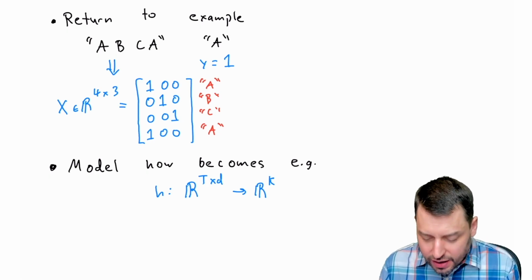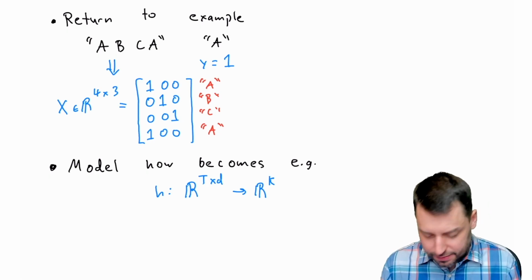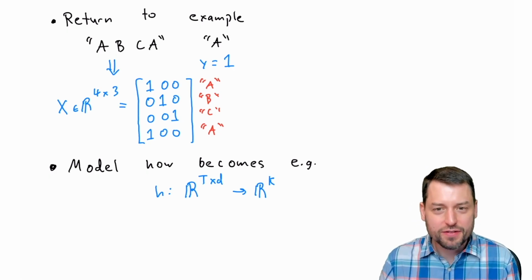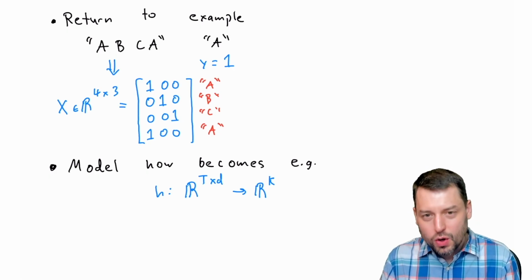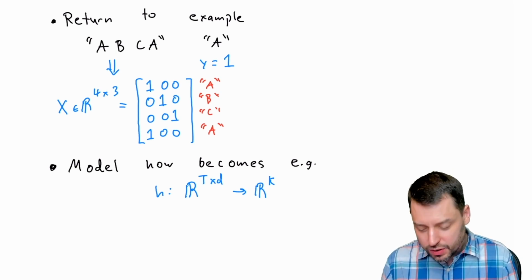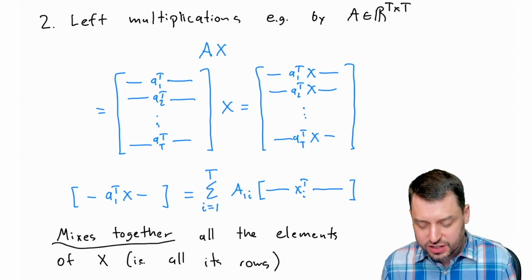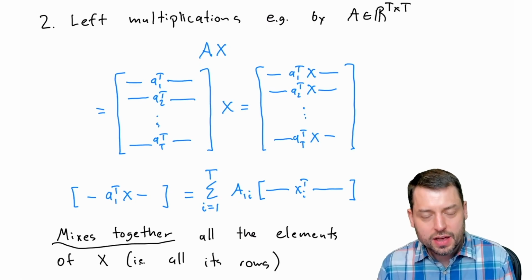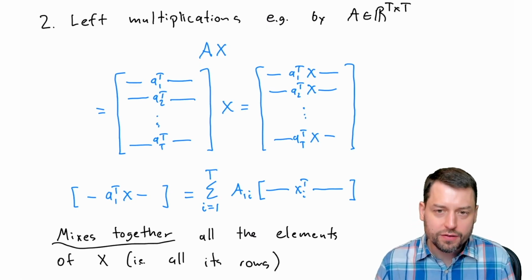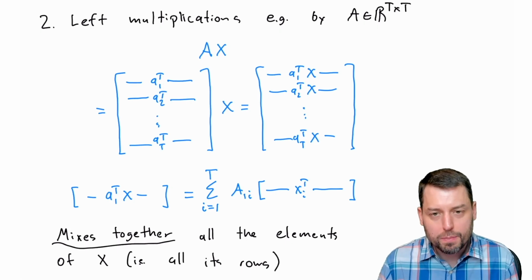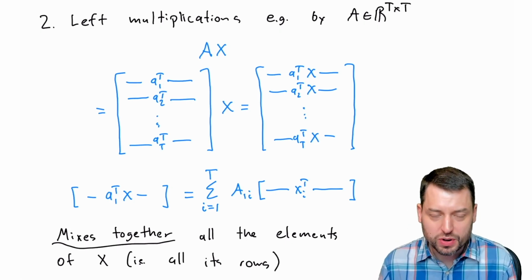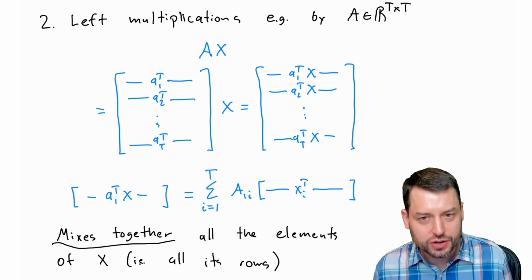By using multiplications both on the left and on the right in our eventual neural network model, in the case of left multiplications we mix together the different representations and therefore share information between all the rows of our matrix, between all the elements in our structured input.